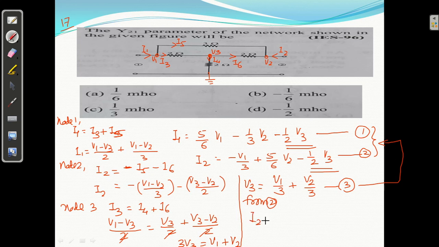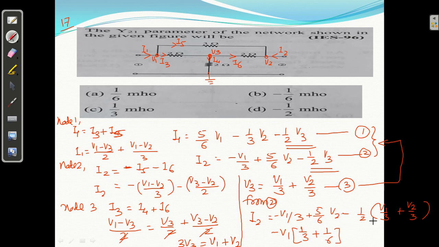I2 equal to minus V1 by 3 plus 5 by 6 V2 minus 1 by 2 times V1 by 3 plus V2 by 3. If you solve this equation, you will get minus V1 times 1 by 3 plus 1 by 6.